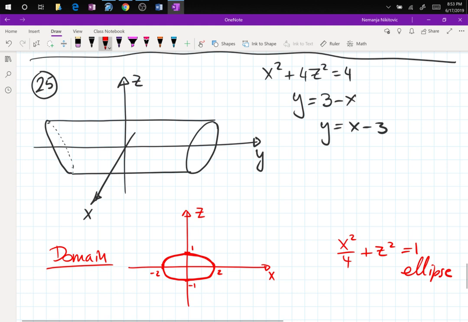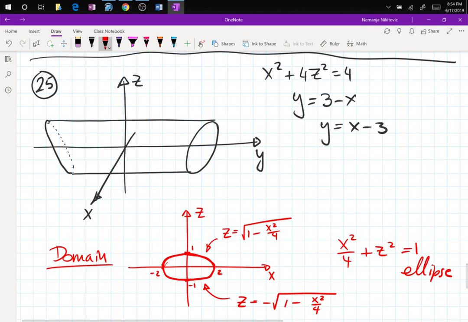That's my domain. Now, the upper function is z equals the square root of 1 minus x squared over 4, and the bottom function is z equals negative square root of 1 minus x squared over 4.